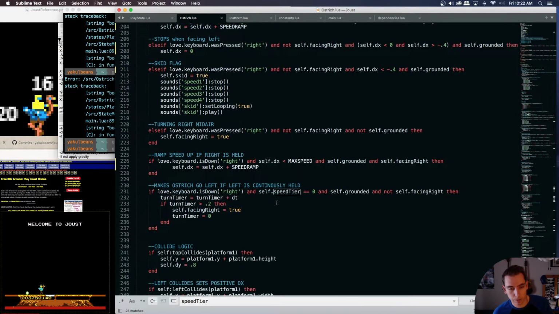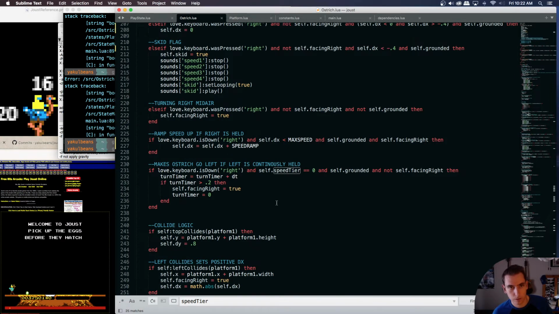Holy crap. Almost there, guys, almost there. And then we can see how busted it is and then give up. Right is down. Self dx is smaller than your max speed. Then increment dx by the speed ramp positively.